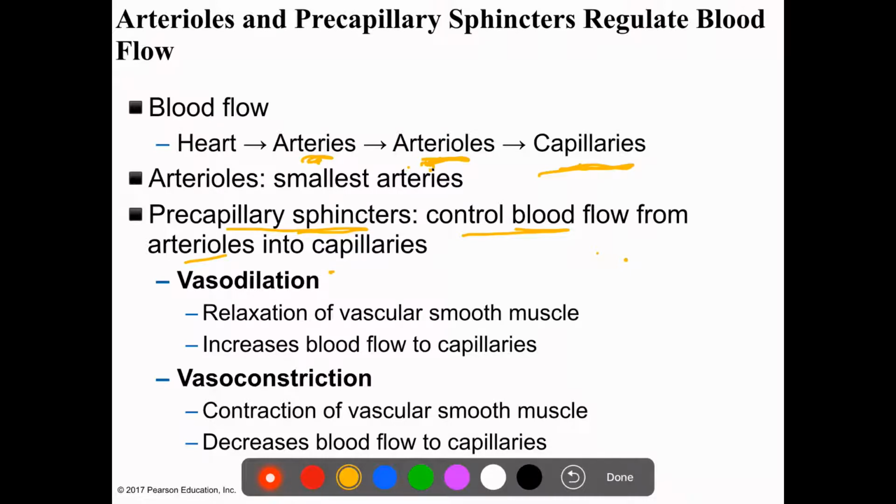And here we have two mechanisms, because sometimes we need to dilate the blood vessels to allow more blood to pass through. This is known as vasodilation, which is the relaxation of vascular smooth muscles, and this would increase the blood flow to the capillaries. And the opposite is vasoconstriction. This will contract the vascular smooth muscles and decrease the blood flow to the capillaries.